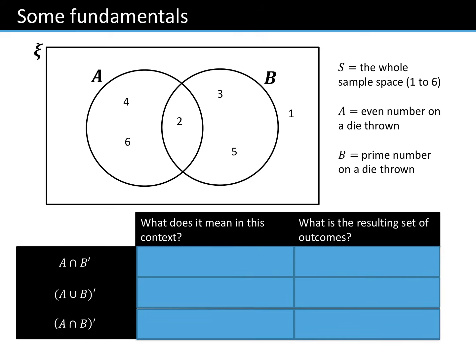Okay, the next one, we have A intersection B dash. Okay, A intersection B dash. This means rolling an even number which is not prime. Okay? An even number and it's not prime.